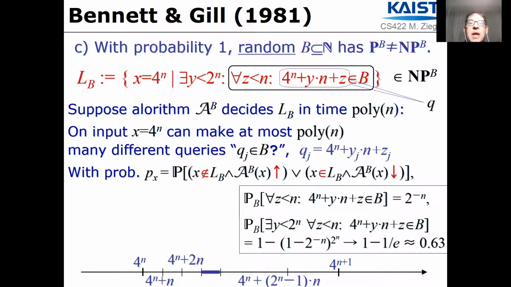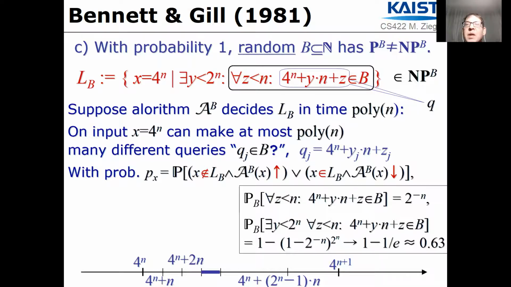And this is a random event because the oracle B is, as you recall, a random oracle. So we fix the algorithm, but we consider a random oracle, and we consider the probability for the algorithm to make a mistake on this random oracle for the fixed input. Now, let me say that again, because it's subtle but important. We have three objects that we want to talk about: algorithm A, oracle B, and input x.